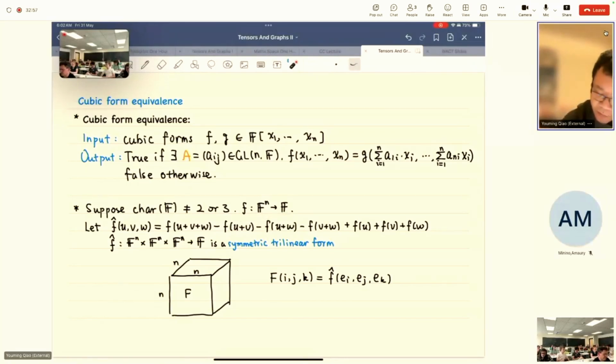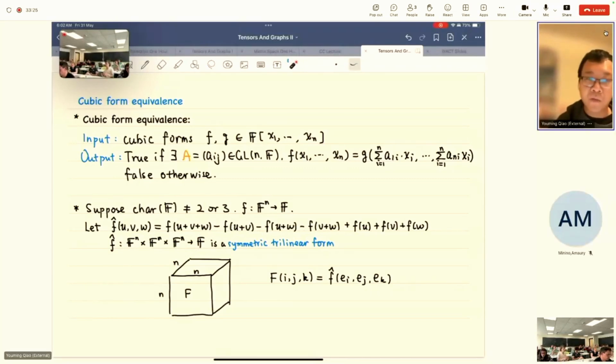Okay. So you start from such a function. Then you can define the so-called symmetric trilinear form. This is essentially what you do when you want to symmetrize a matrix, right? If you have a matrix, you want to symmetrize it, you define A plus A transpose divided by 2. So this is kind of the same procedure, but extended to the degree 3 setting. You use this formula, and at the end of the day, you get a trilinear form.